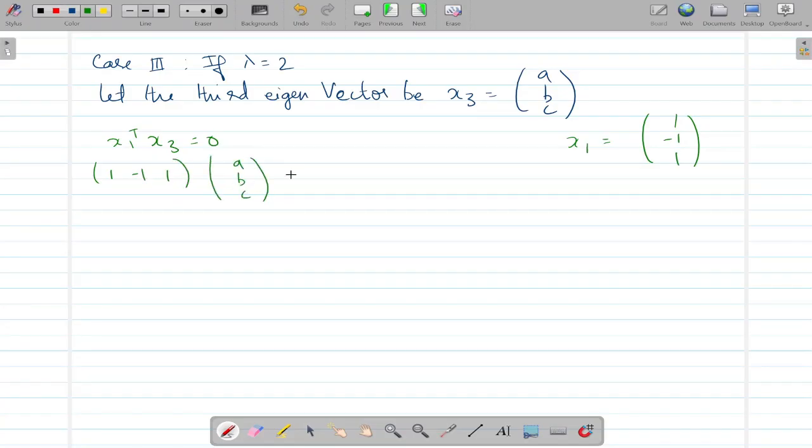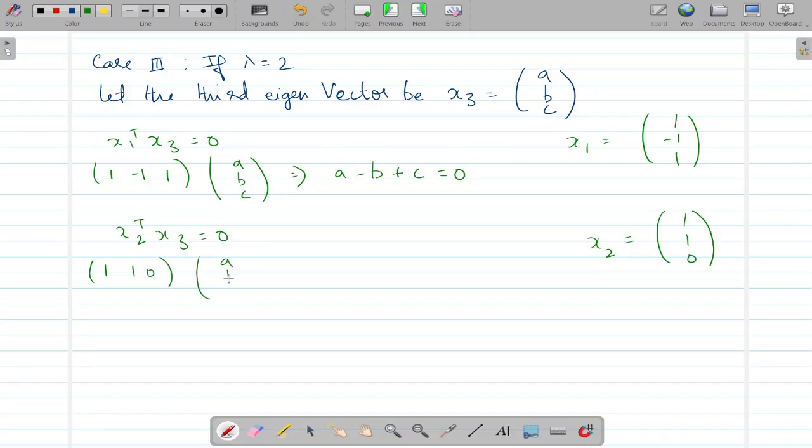Now you multiply the first element with a, then the second element with b and the third element with c. Next, x2 transpose into x3 equal to 0. Previously we got x2 equal to 1, 1, 0 as a column. Here x2 transpose means 1, 1, 0 in a row.